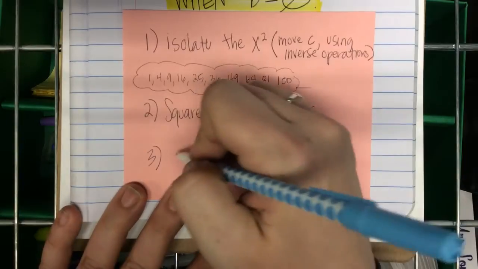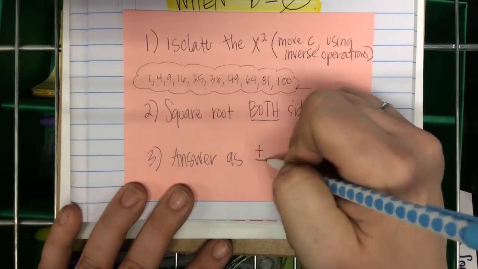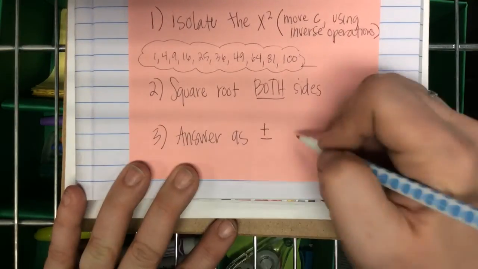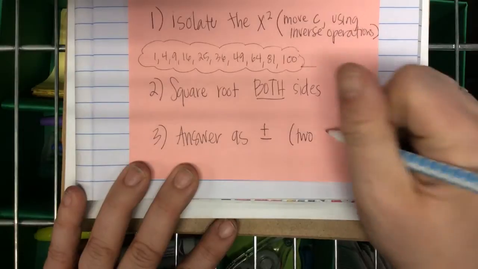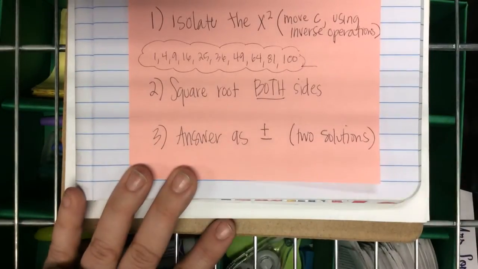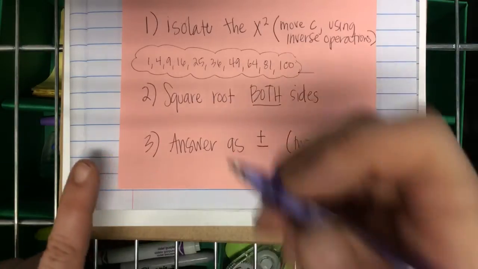And the last one is you write your answer as plus or minus. Right? There are 2 solutions. So let's practice. I'm going to put a little asterisk here, I guess.